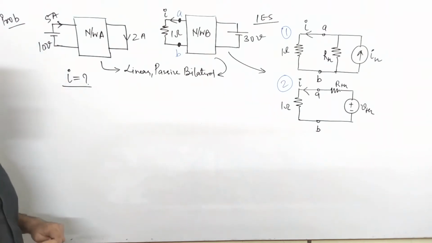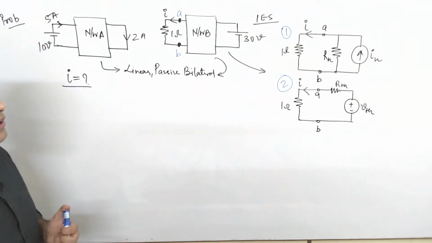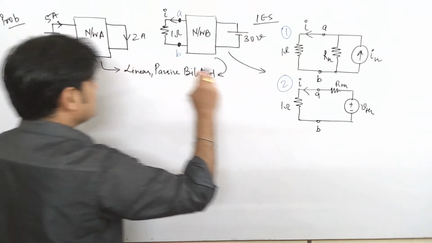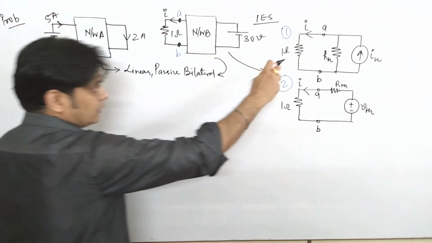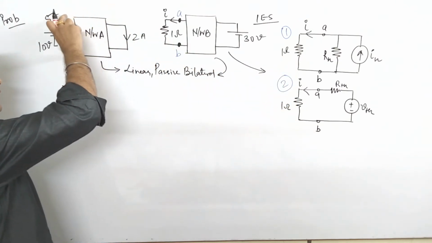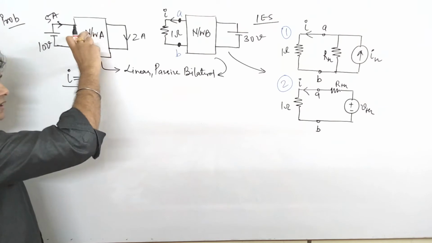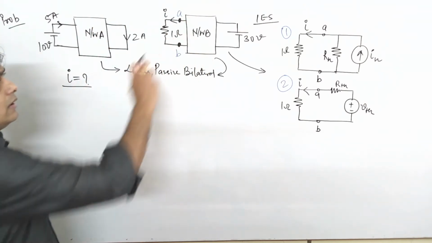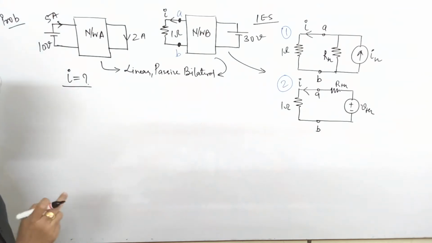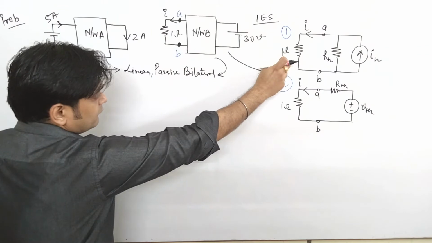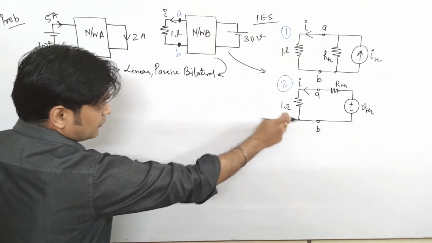Yes, you can find Norton's equivalent or Thevenin's equivalent, but always keep in mind that Norton's and Thevenin's depend upon the network with which we have to find the value of I or V in the given network. Now see, why have I talked first about Norton's and then Thevenin's?